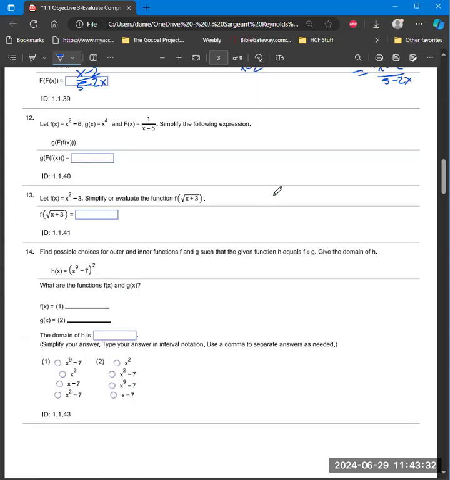Now, g of capital F of x here is going to be something to the 4th. Capital F is 1 over x minus 5, and then little f is being plugged into big F. So little f is x squared minus 6.